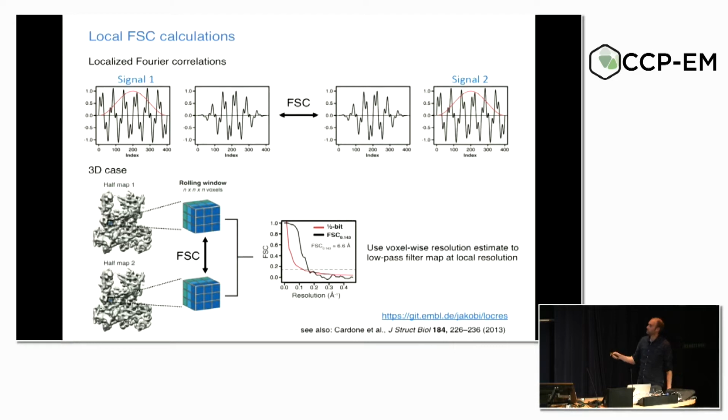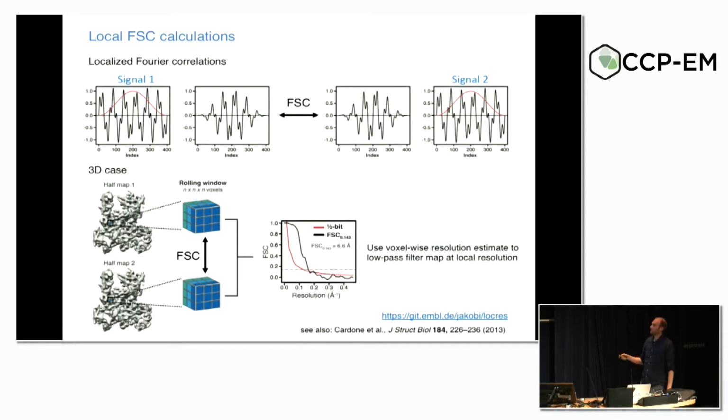Then you calculate an FSC between these windows in a local fashion, moving in 3D through your map in a cube-like structure to which you apply an apodization function, and you calculate the FSC at each position. You determine the resolution, using one criterion or another, at this position.